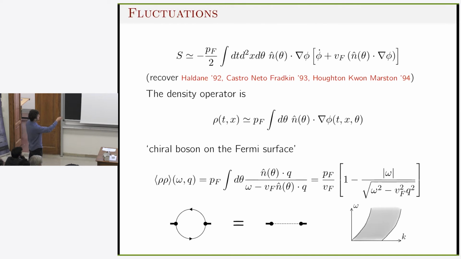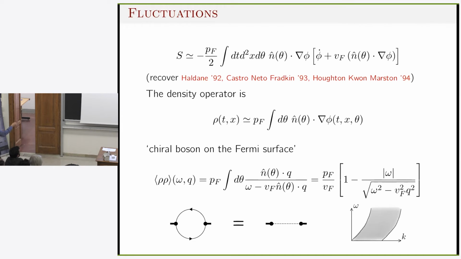So at every angle theta, it looks like a chiral boson that's going away from the Fermi surface. In fact, this action, linear in the time derivative, is what you get in 1+1d for a chiral boson. This form of the action was long known, but we recover it here to leading order. So already here you can do a few nice things.